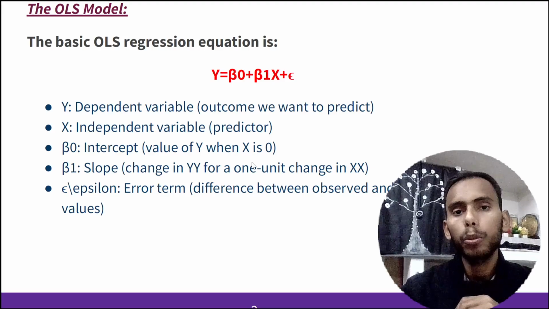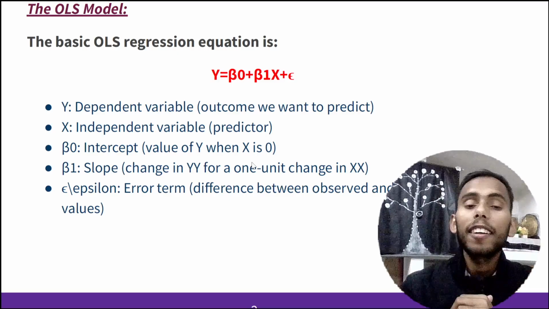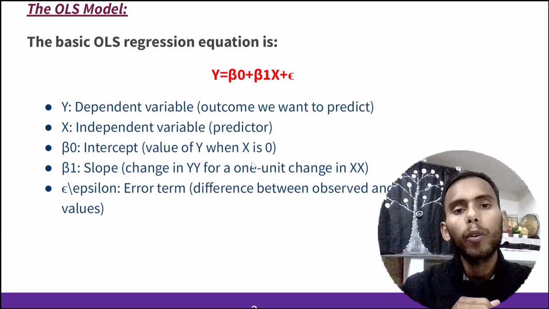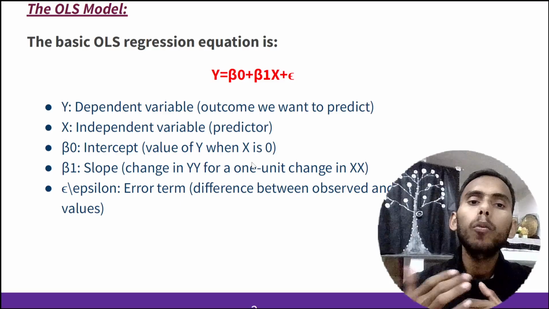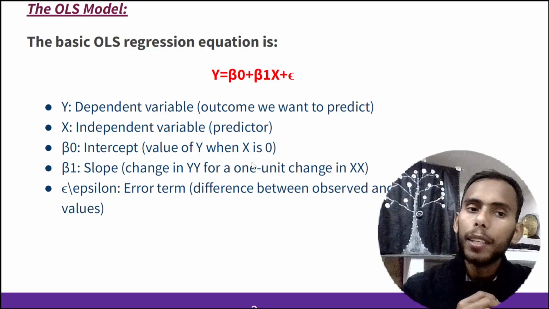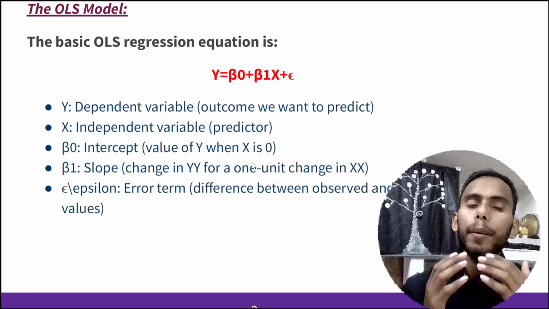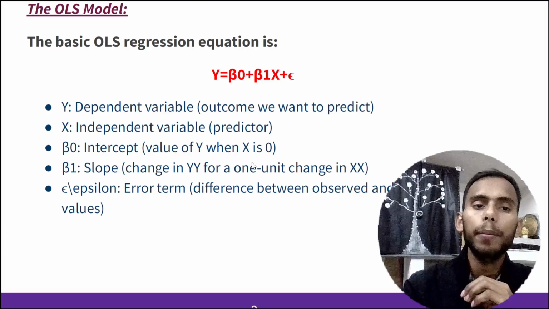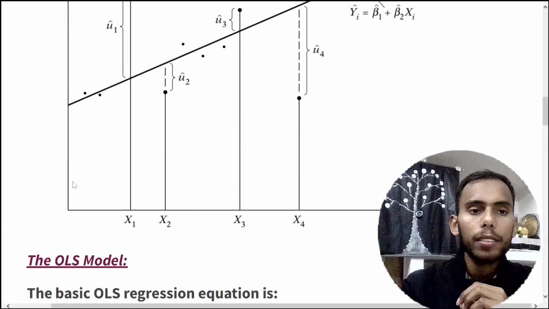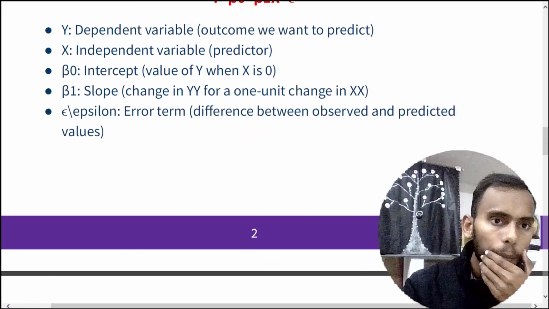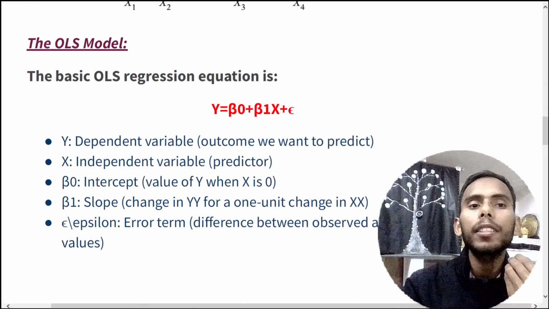We can also use other symbols as well, but here if we are taking y equal to beta 0 plus beta 1 x plus epsilon, then here y is representing the dependent variable, x is representing the independent variable, and beta 0 is representing the intercept, and beta 1 is representing the slope.